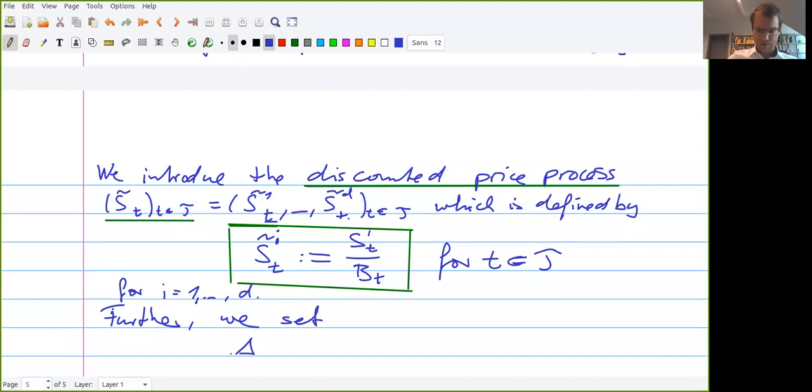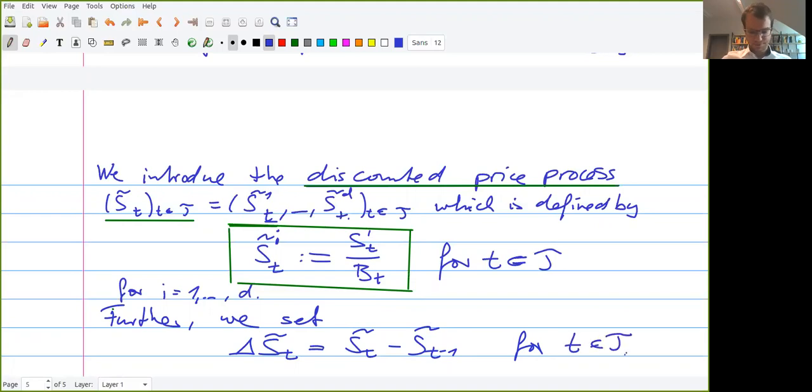So this means delta S tilde t is S tilde at time t minus S tilde at time t minus 1. Right. So this is the price movement of the discounted price in the t-th trading period.